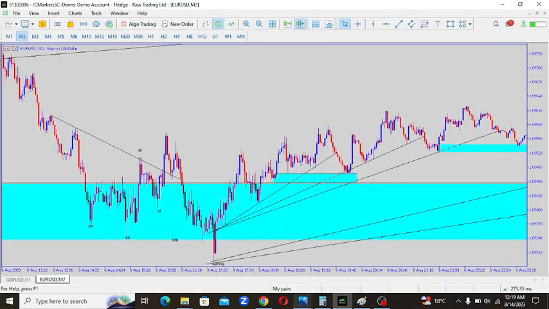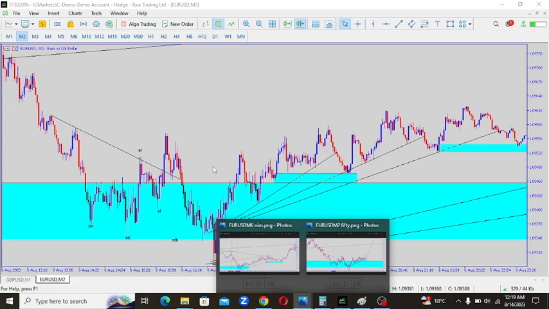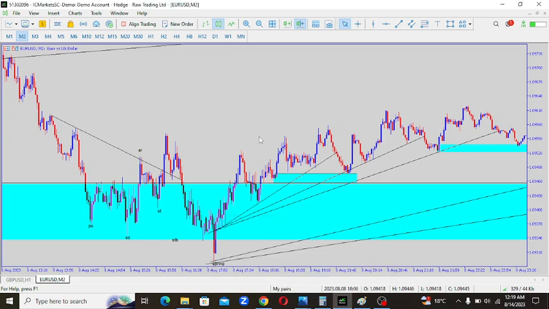See, that's where this accumulation is based off, this 1 hour accumulation. You see, after this H1 sweep, we have a reaction to the upside. And you see, there are no demands left unmitigated.